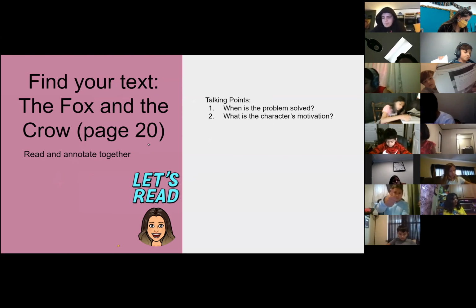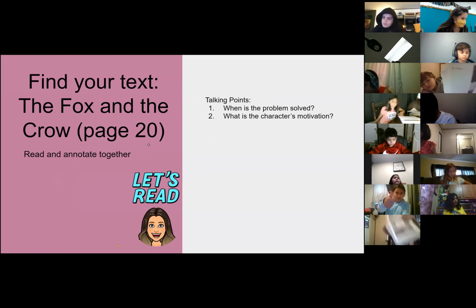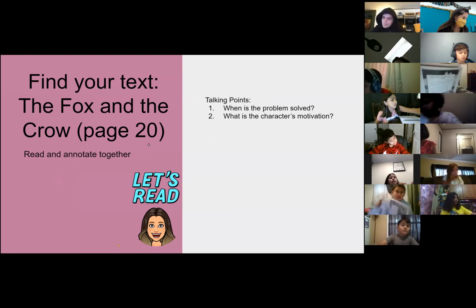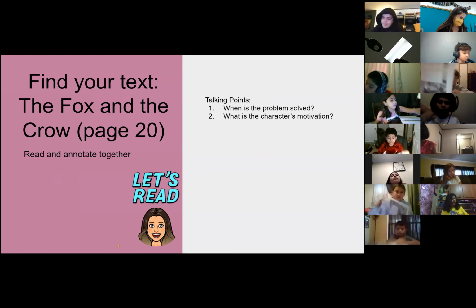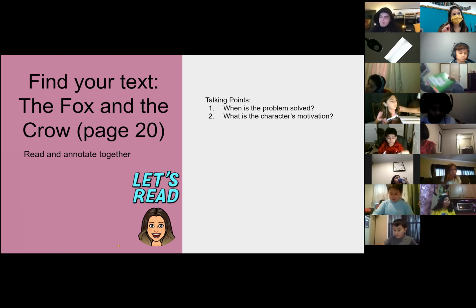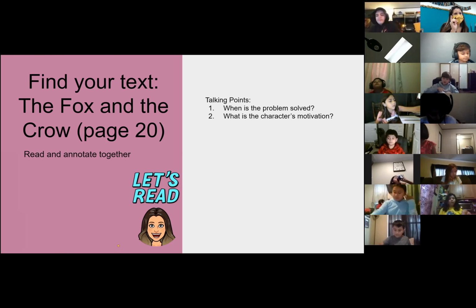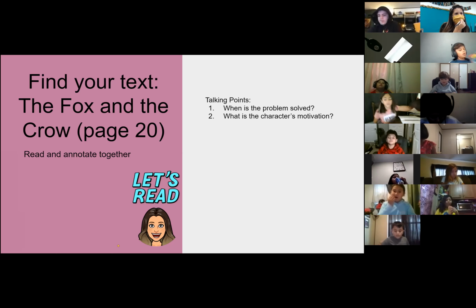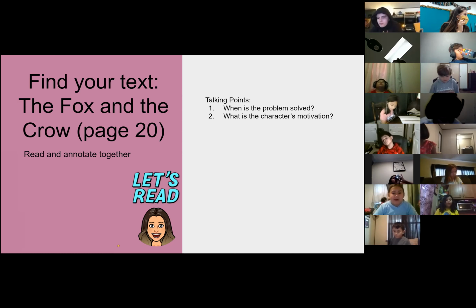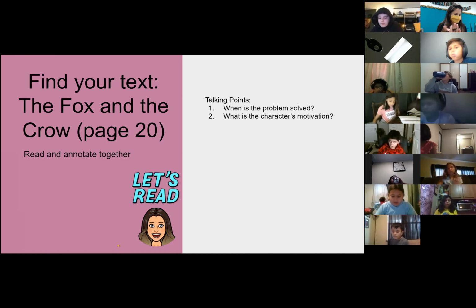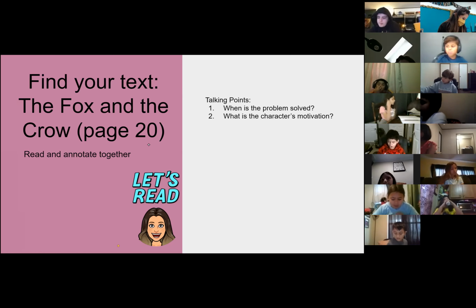Page 20. So we are going to read and annotate this text together. I want you to pay attention to when a problem is solved and what the character or the trickster's motivation is. What makes them do what they do, okay? So I'm going to go to my text.